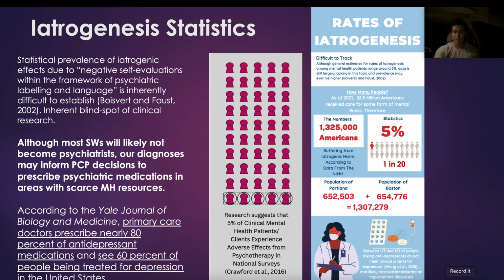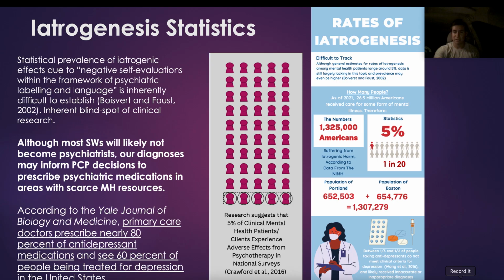So, iatrogenesis statistics. This first part, I'm not going to read it again, but the Boyverse and Faust 2002 study. Basically, the takeaway from that study is it's inherently difficult to come up with solid statistics for how many people experience iatrogenesis as a result of mental health treatment, whether that's through talk therapy or through the prescription of clinical drugs for mental health disorders, right?